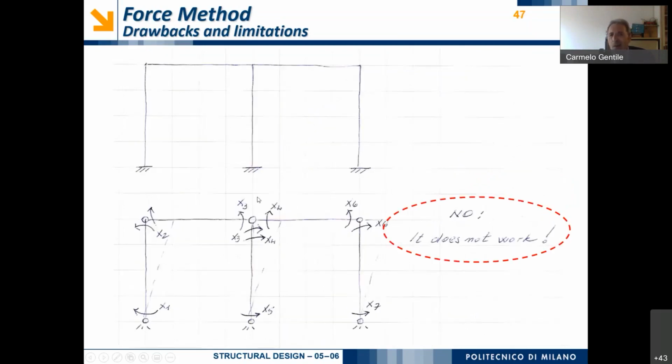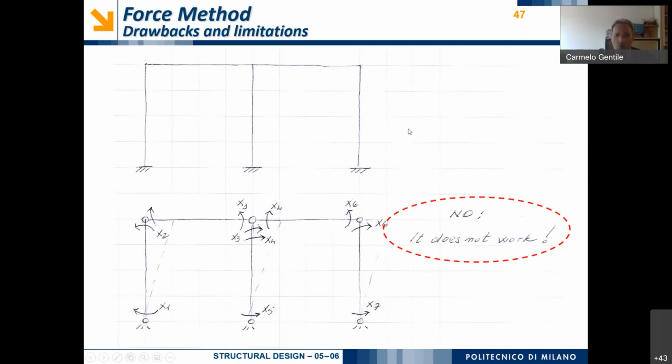But let's look at another system with no bracing. If we try to do the same corresponding to this system, what we can observe is that the system we have generated is not statically determined. And if the system is not statically determined, I cannot apply the force method.